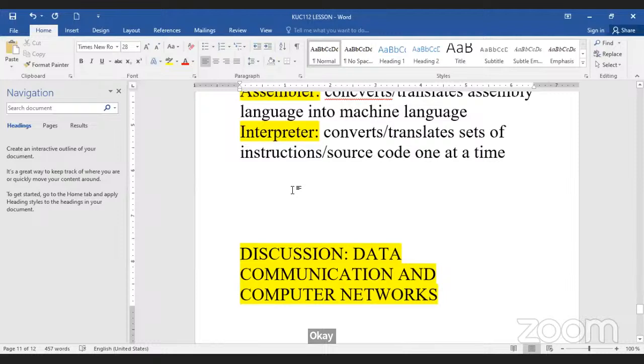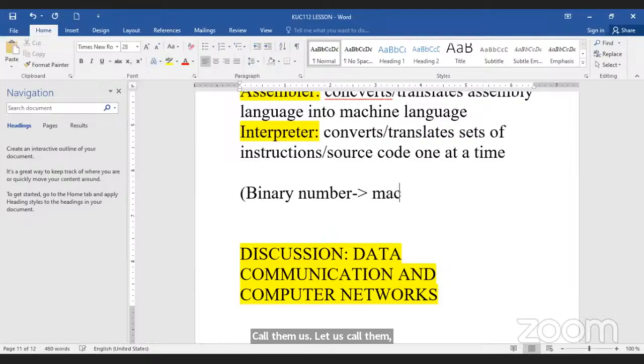So we have realized that a computer usually understands binary numbers. This is what we call machine code.